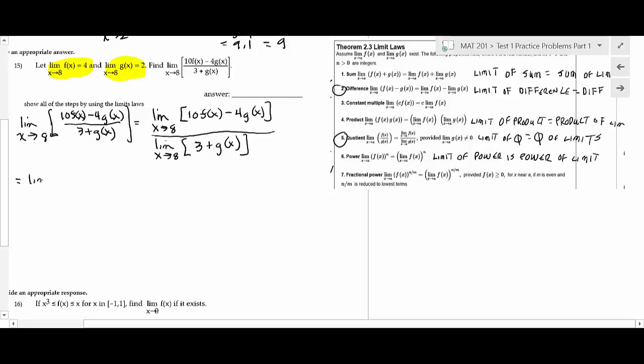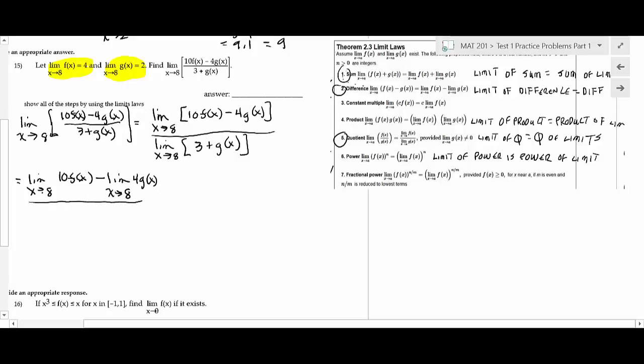So we're going to have the limit as x goes to 8 of 10 f of x minus the limit as x goes to 8 of 4g of x. Okay, like that. Then I'm going to do the same thing at the bottom.